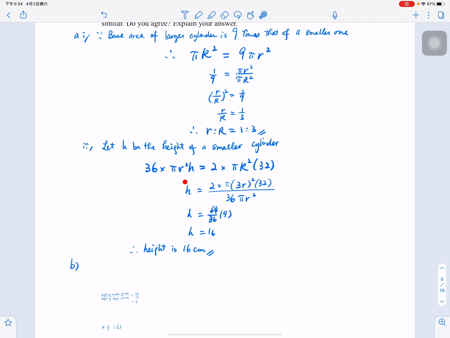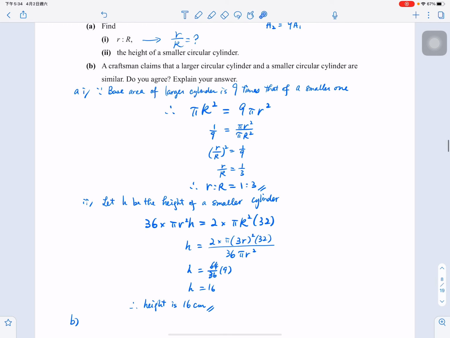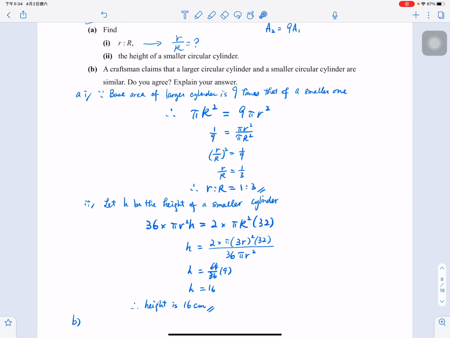Small h equals, all things put here, 2 times π, and then this one is 3 times small r, so (3r)² times 32. After simplifying, you find that the height of the smaller cylinder is 16 cm. Remember units, cm.